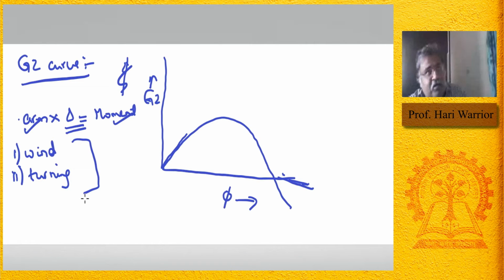Having a pendulum, a body hanging on some portion of the ship, can produce heeling. All these can produce heeling. But right now we are focused on the dynamic features which produce heeling. They are basically the wind, turning, etc. These two are the main factors. One is the heeling produced due to the wind, and two is turning.